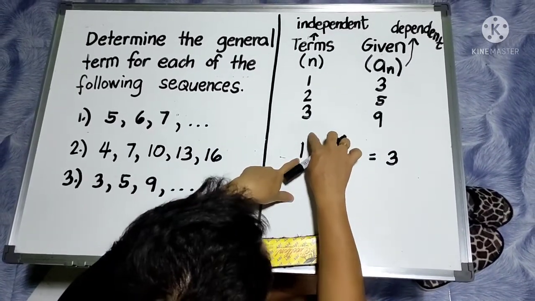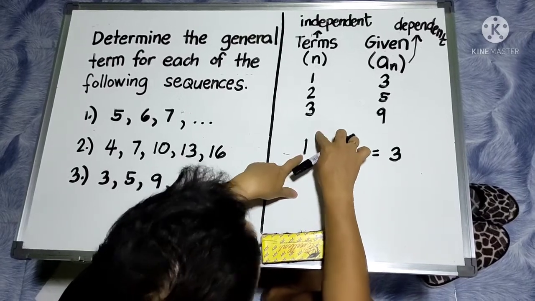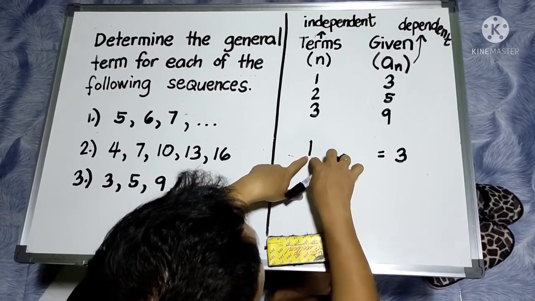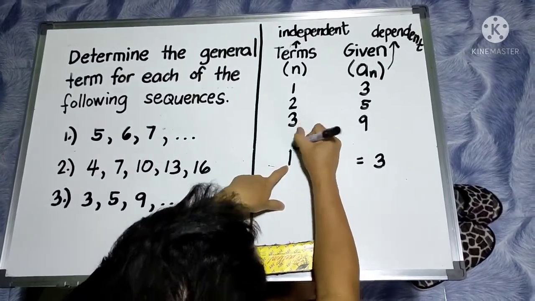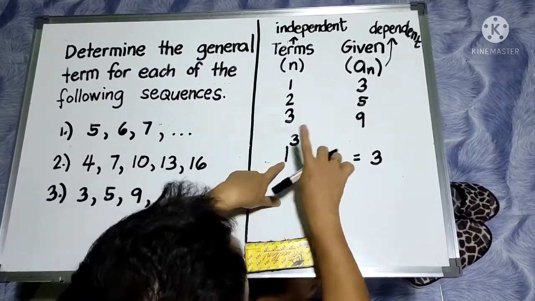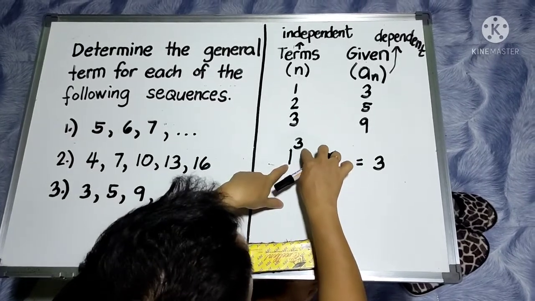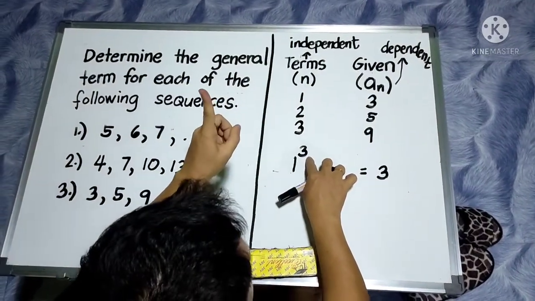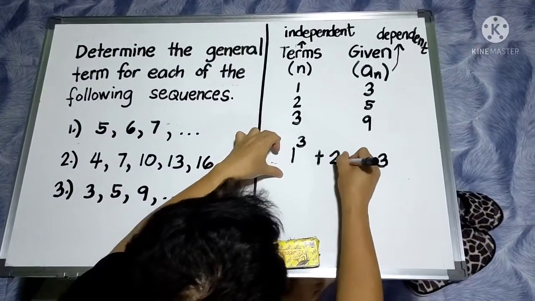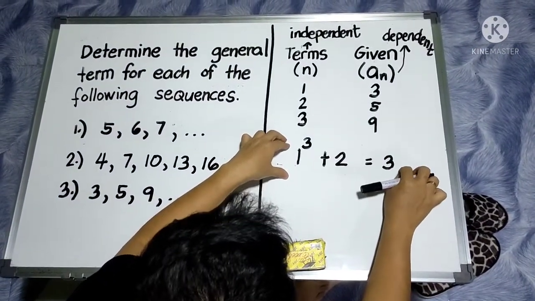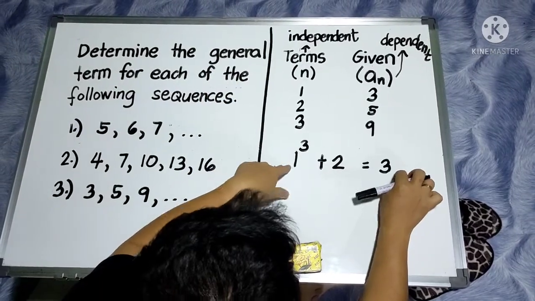So, any number that you will use as exponent of 1 will always give you 1. Even if you will have here 3, it is still equal to 1. 1 to the exponent of 3 is still 1. So 1 plus 2 is 3. Let us check if it worked in the second one.